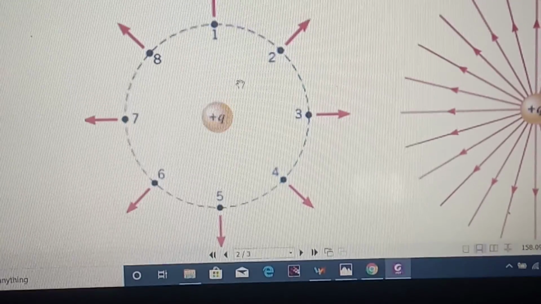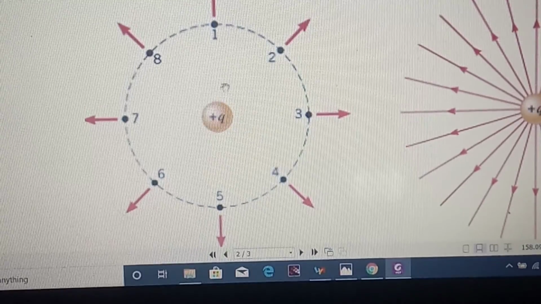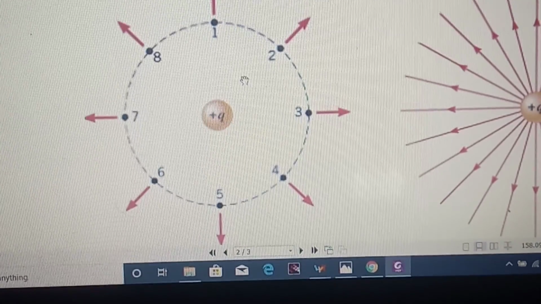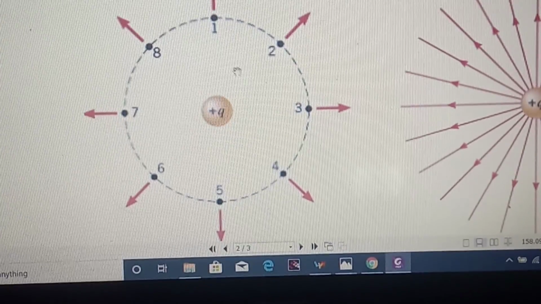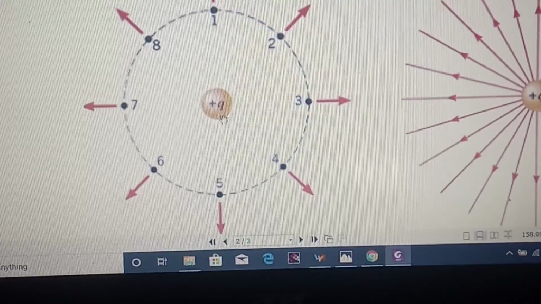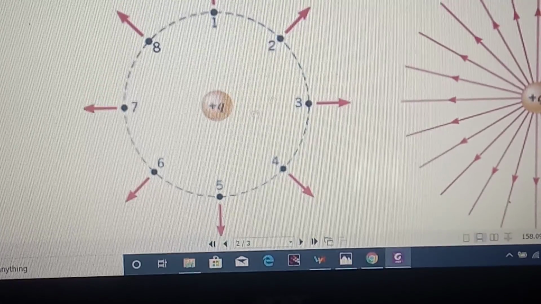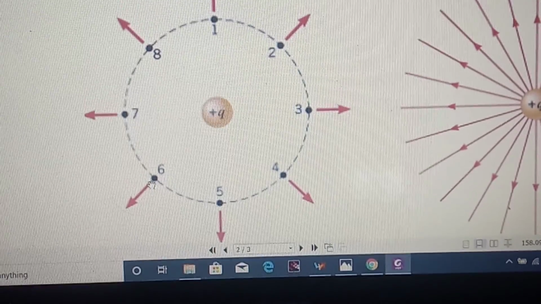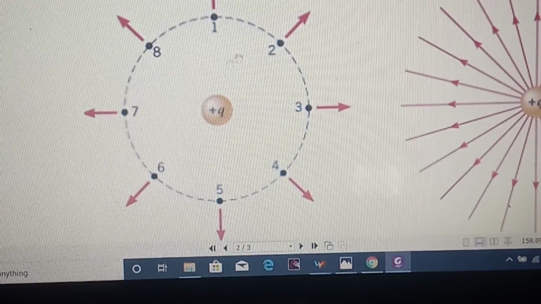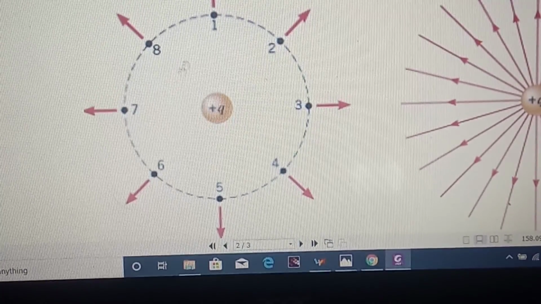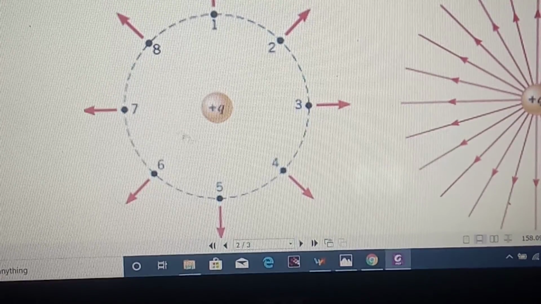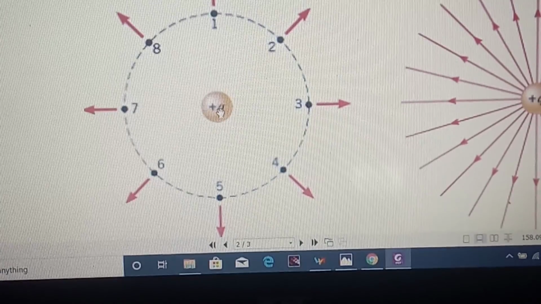The source charge may be positive or negative, but the test charge should always be small and positive, as the reason is already stated. Now if you bring a test charge here in this region, this will be repelled by this source charge.